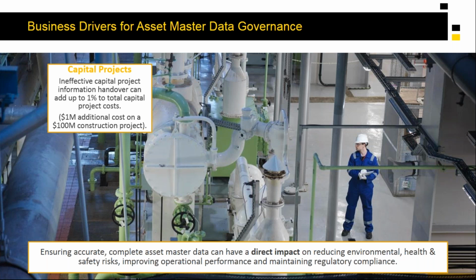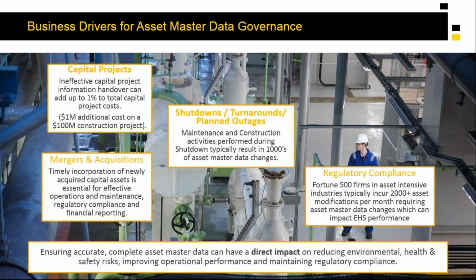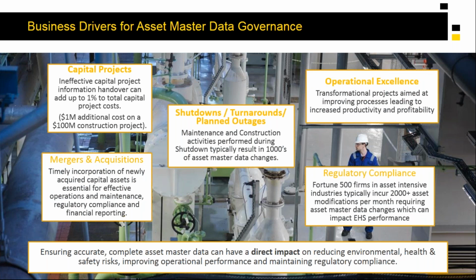Ineffective capital project info handover can add up to 1% in total costs to that program. But if you look at the other downstream benefits or challenges that asset master data quality and data governance relate to, mergers and acquisitions can benefit because you're able to incorporate newly acquired capital assets for effective operations and maintenance.